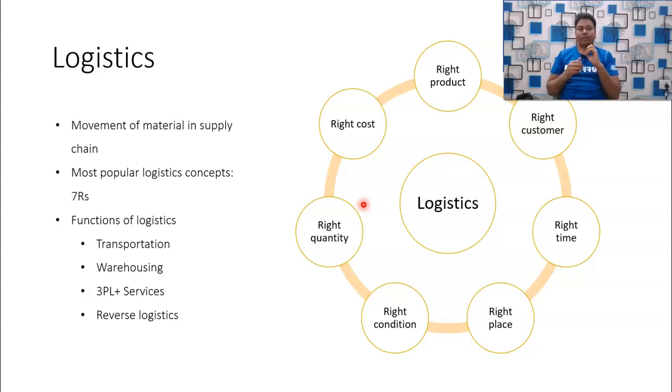As I explained, logistics involves the physical movement of goods. So you can say that each and every step may require movement of goods. Yes, it may. That's why logistics has different functions like transportation, warehousing, 3PL services, and reverse logistics.